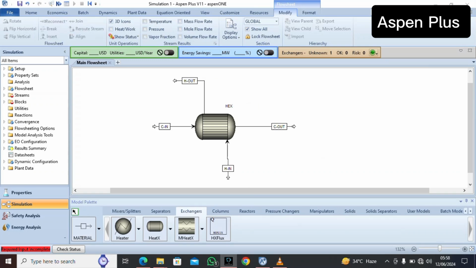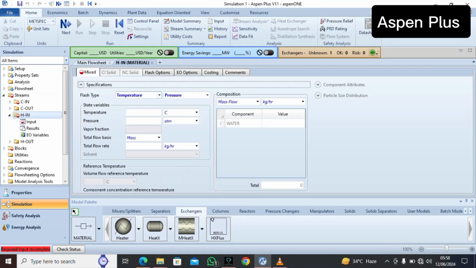Now first we specify the hot inlet. We click on vapor fraction. Pressure we also know is 5 atm, vapor fraction is 1, total mole flow rate 100, and component composition is 1.